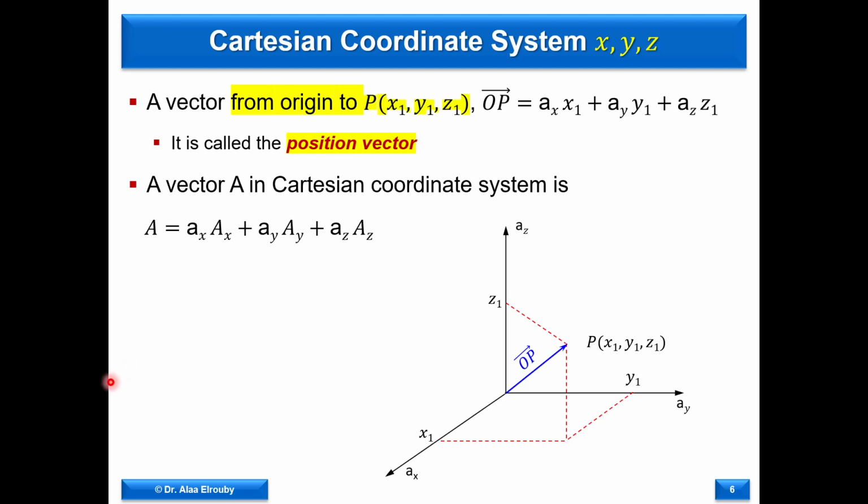So one other important thing to learn is that a vector from the origin to a point is called the position vector, and it is denoted OB. The starting point is the origin, the end point is the point B, and the description for this vector, how would we write it?